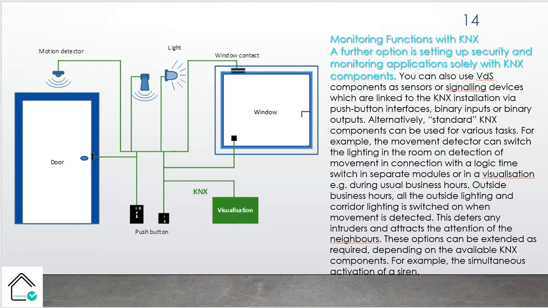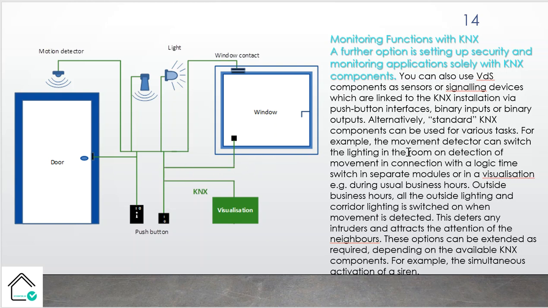And the next possibility is everything in KNX. Monitoring functions with KNX. A further option is setting up security and monitoring applications solely with KNX components. You can also use VdS components as sensors or signaling devices, which are linked to the KNX installation via the push button interface. Alternatively, a standard KNX component can be used for various tasks.